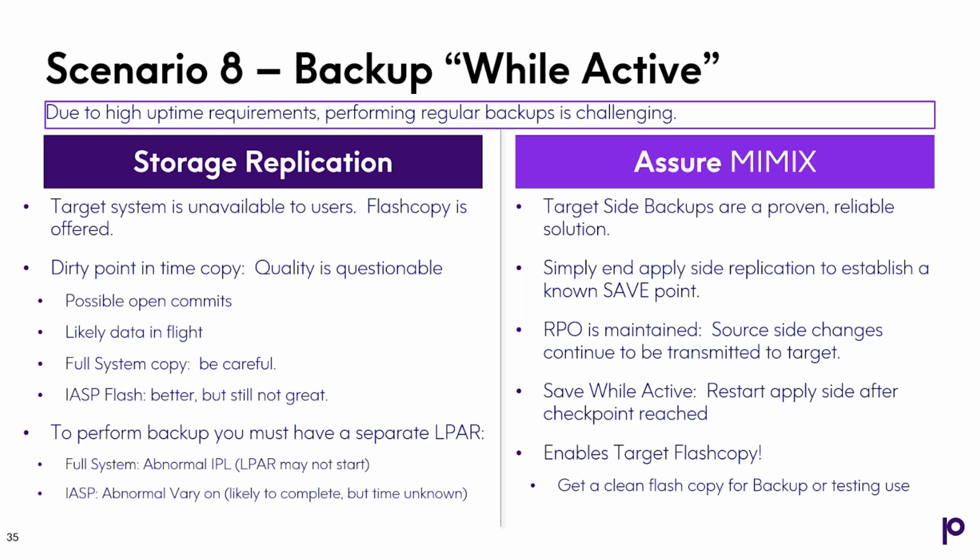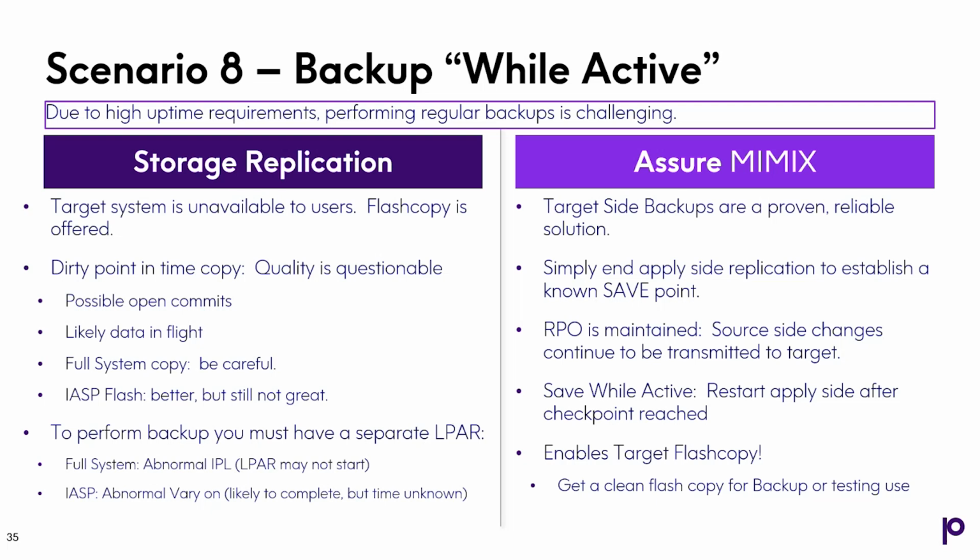And this goes right in line with that: backup while active. Everybody should be taking a backup out there, and it seems pretty straightforward. But it's hard to do if you've got an active production IBM i system and you've got open commit control cycles and locked objects. It might be easier said than done to get a backup. And so what people start doing is they start thinking, well, with storage replication, I'll just do a flash copy or I'll do a snapshot.